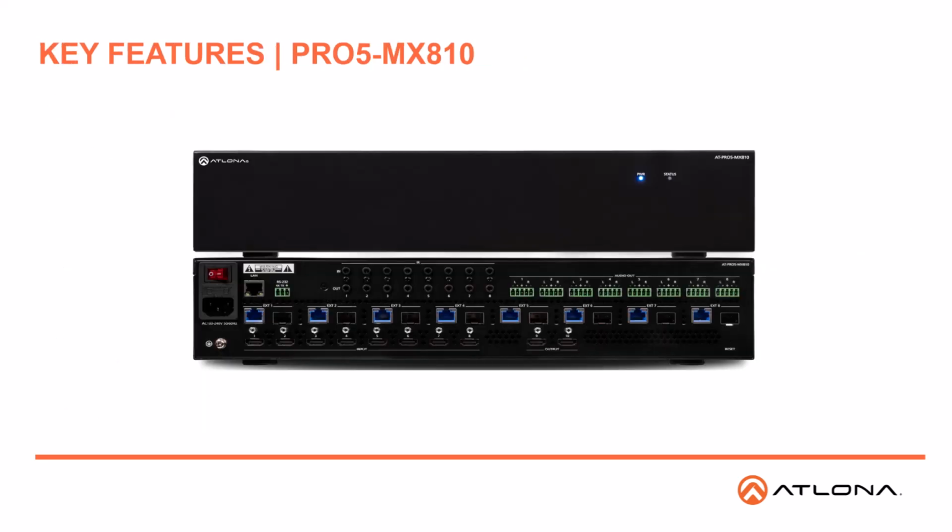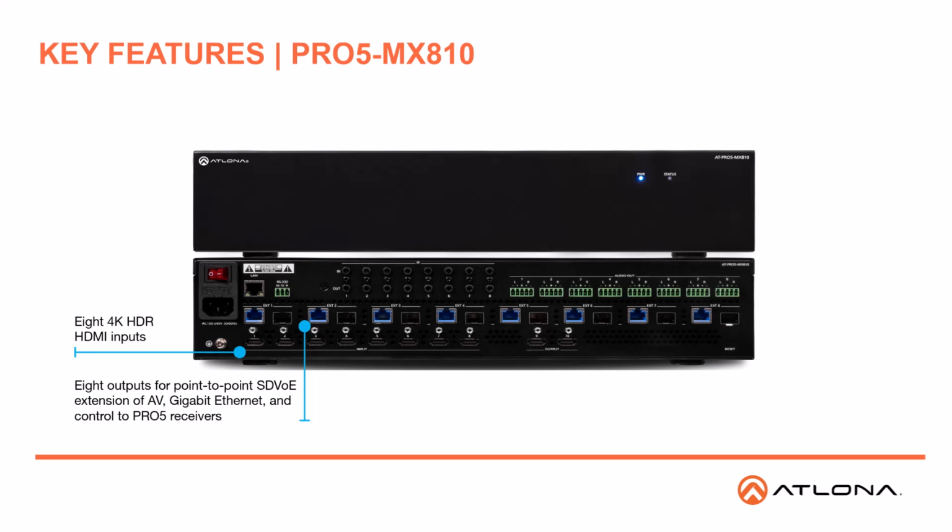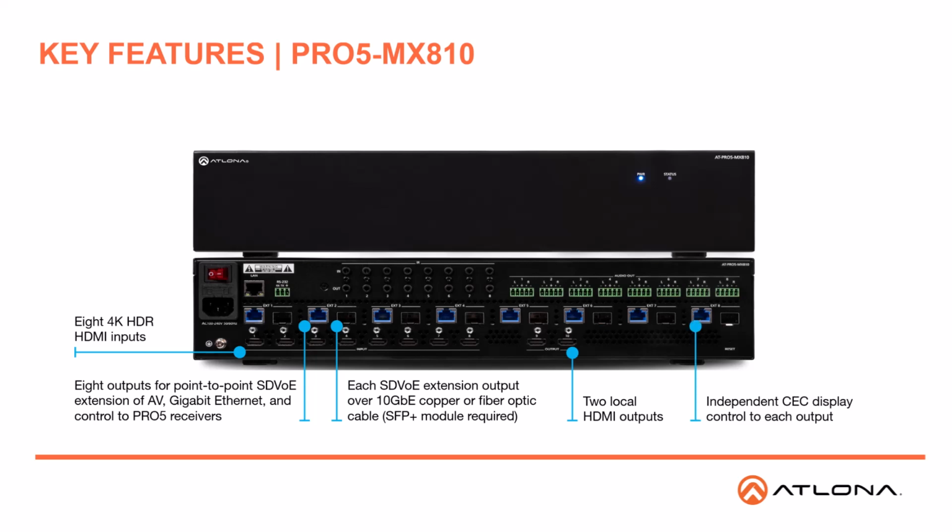Here is a visual summary of the key features for the Pro5 MX810 Matrix Switcher. 8 4K HDMI inputs. 8 outputs for point-to-point SDVoE extension to Pro5 receivers. Each SDVoE extension output over copper or fiber optic cable. 2 local HDMI outputs. Independent CEC display control to each output.